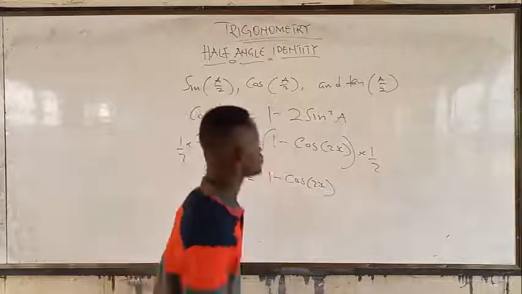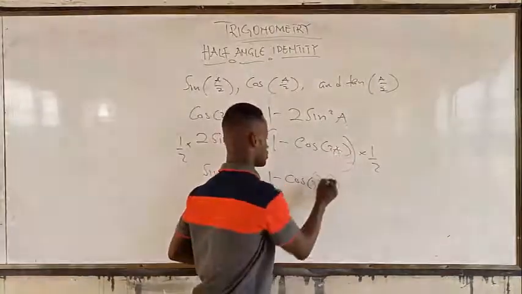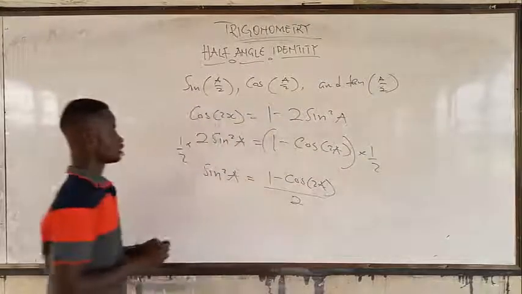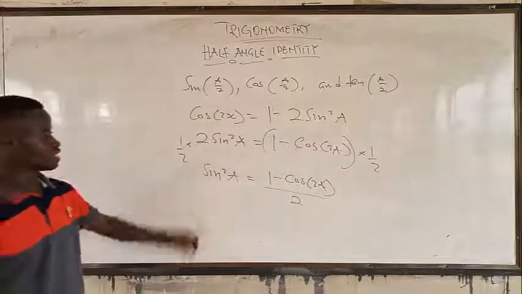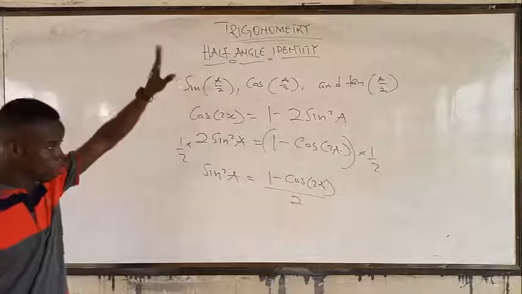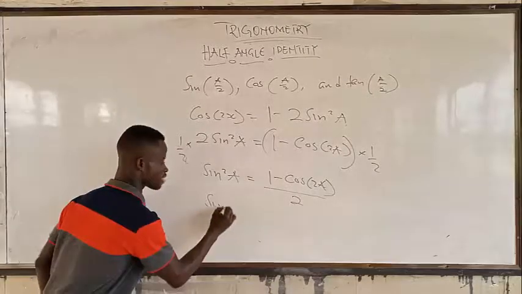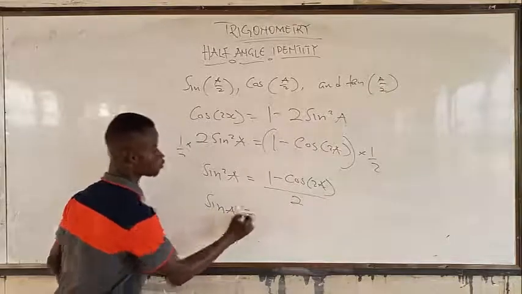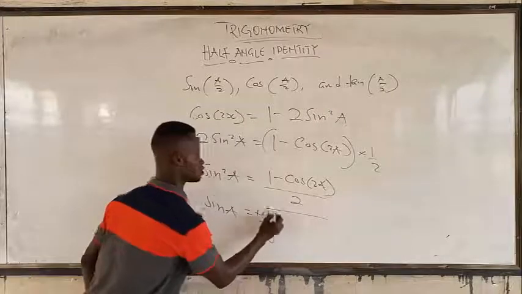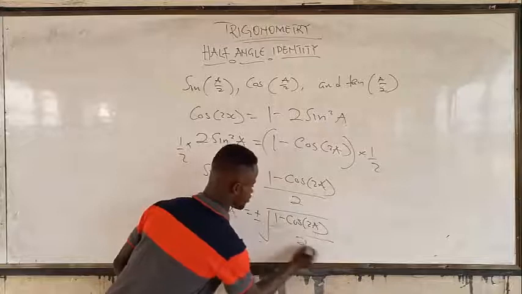Now for us to get only the sine, we take the square root of both sides, and that is going to be plus or minus the square root of 1 minus cos 2a, all over 2.